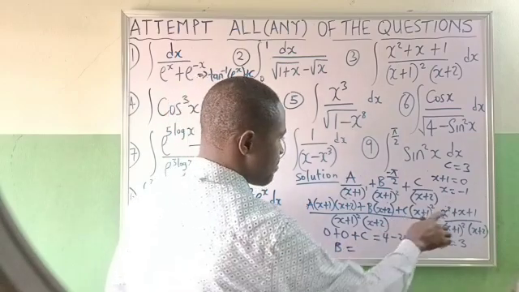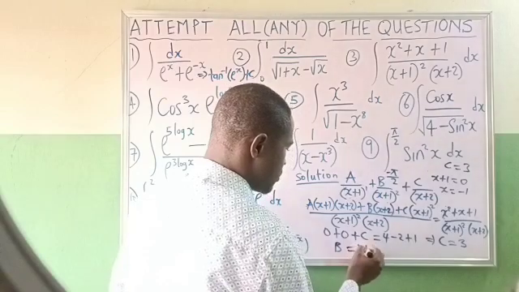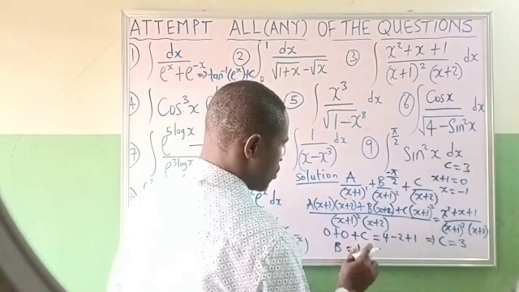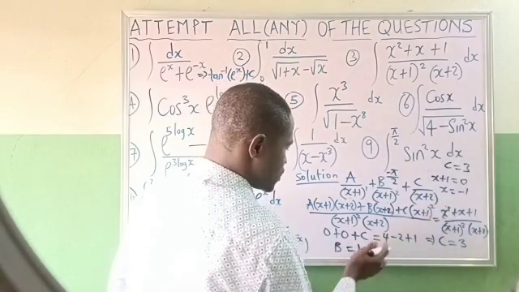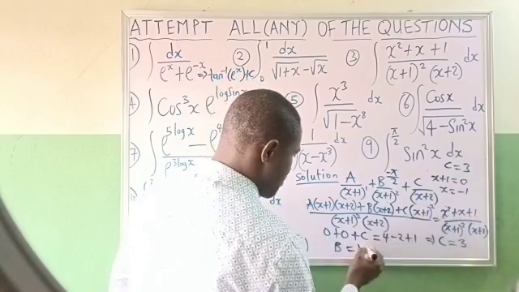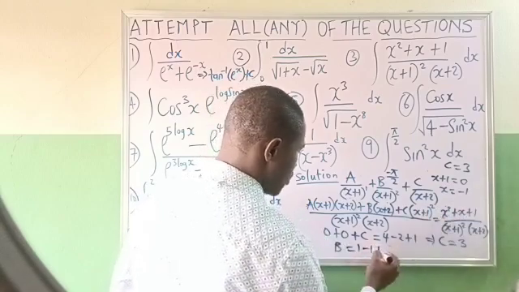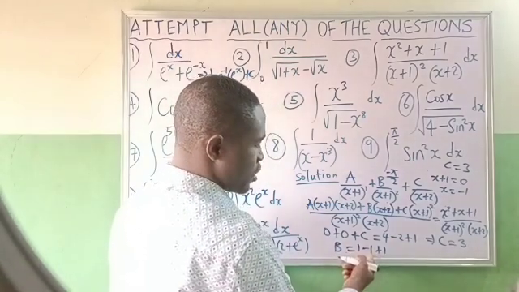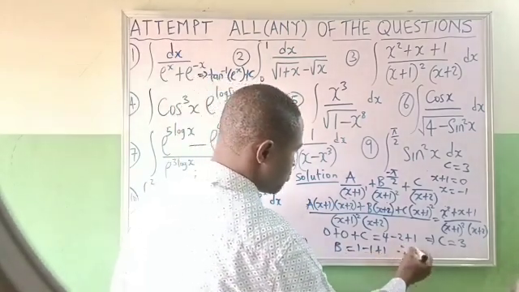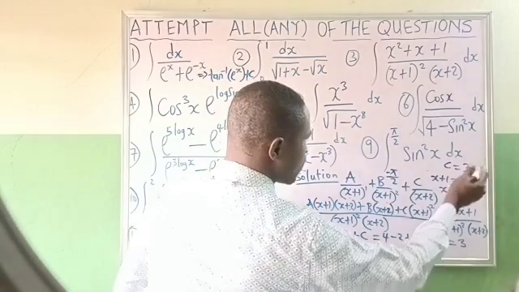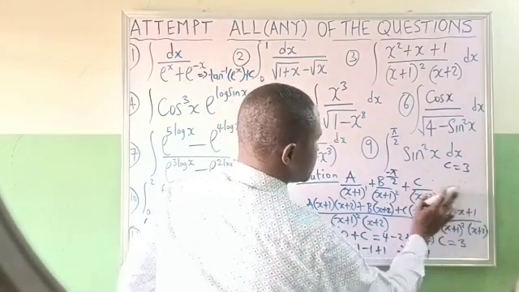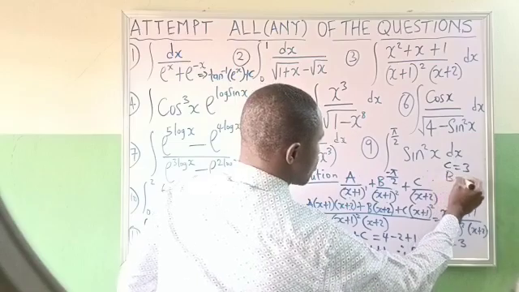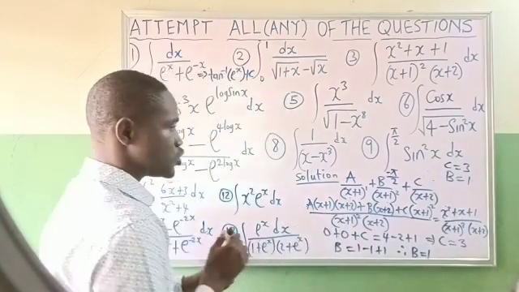Then it equals minus 1 squared, which is 1, plus x which is minus 1, then plus 1. 1 minus 1 is 0, plus 1. Therefore, B is equal to 1. We have gotten that B is equal to 1, and we got it also by direct substitution.